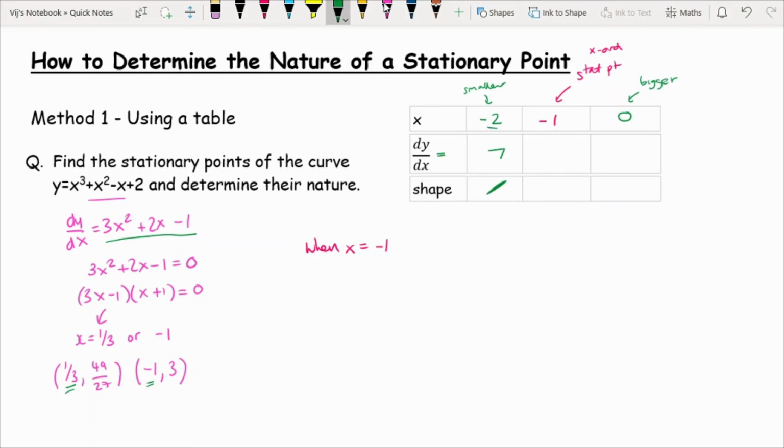When I substitute minus 1, obviously that's going to give me a dy dx value of 0, and that is going to give me a flat gradient. And if I substitute x equals 0 into dy dx, I get a value of minus 1, which has a negative gradient, and as you can see from this diagram, it's going to look a bit like an N shape, so therefore it's a maximum stationary point.